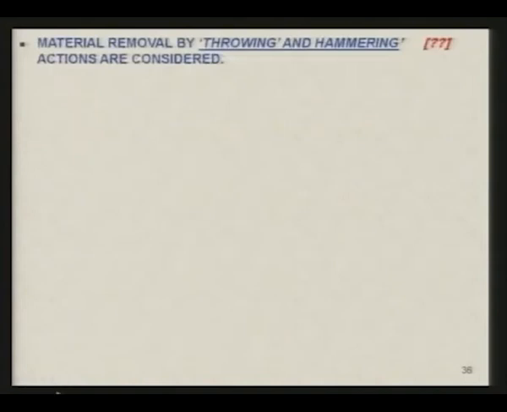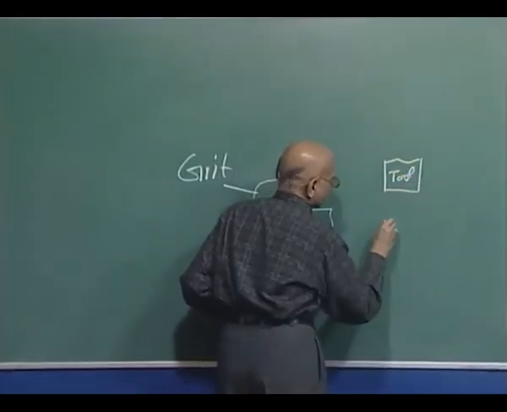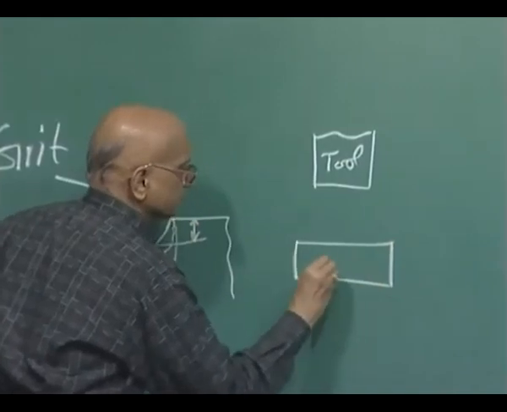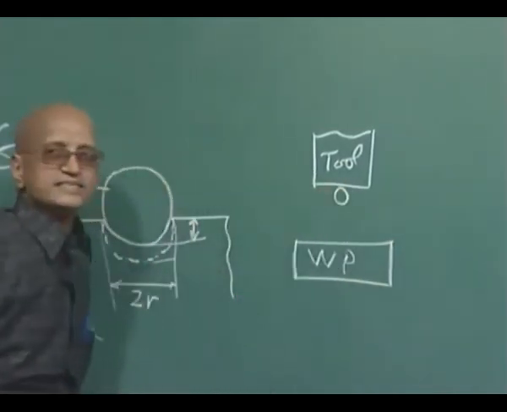So, material removal by throwing mechanism and hammering mechanism are two of the mechanisms that have been considered. I will show you what they mean in the following slide. As we can easily understand here, suppose this is the tool and here is the workpiece, and say this is the abrasive particle in the slurry.